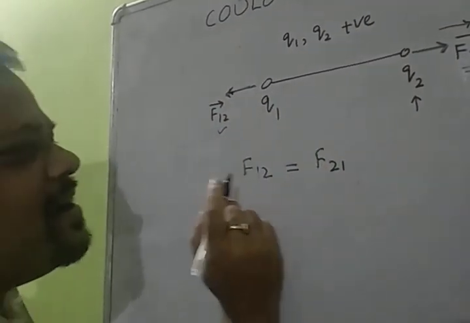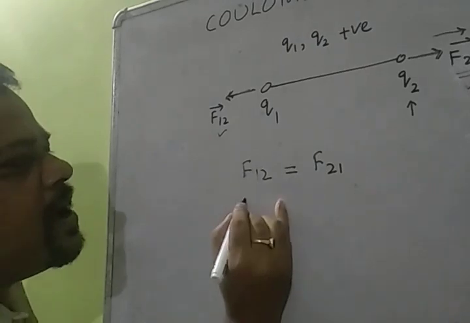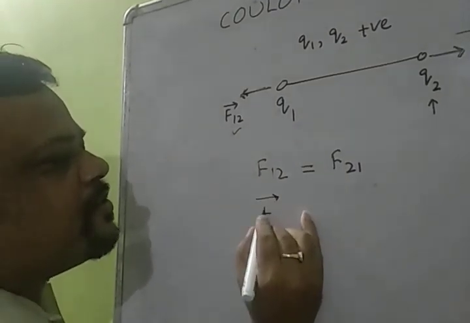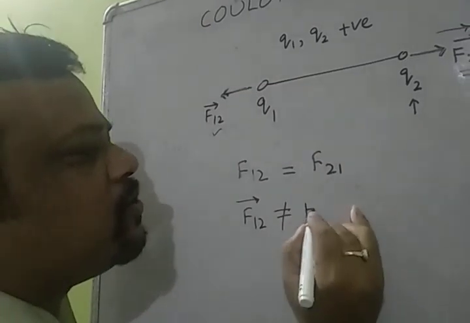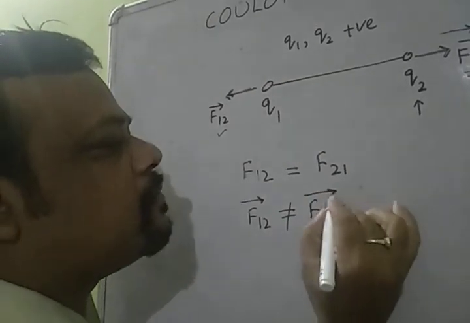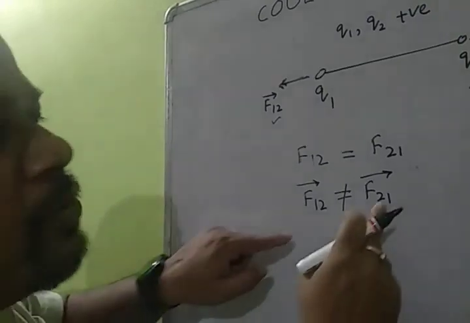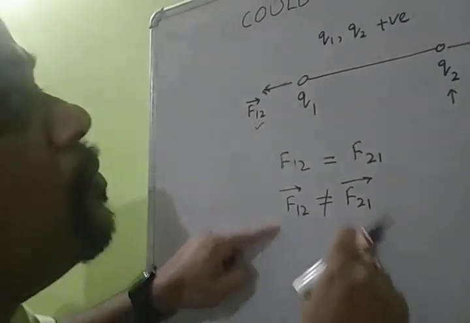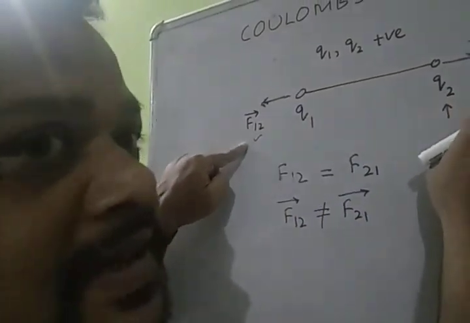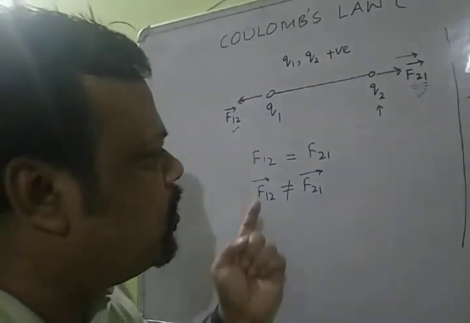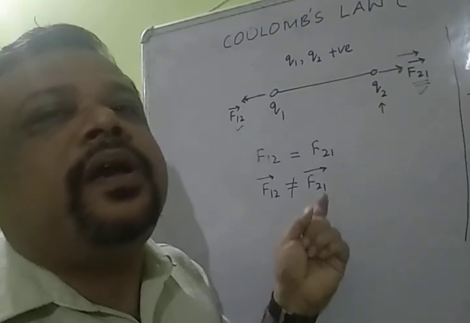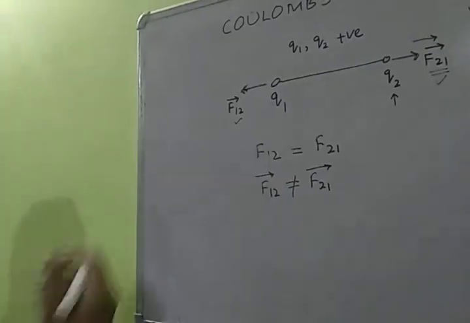So magnitude is the same, but if we express it as a vector, force vector 1-2 is not equal to force vector 2-1. They would have been equal if the direction of both the forces had been equal. Since directions are opposite, both the force vectors cannot be equal.